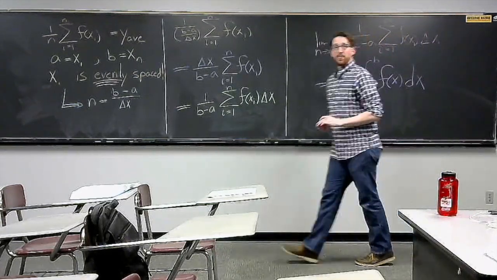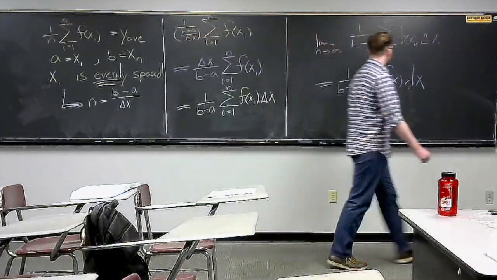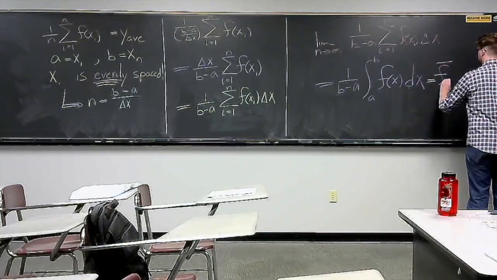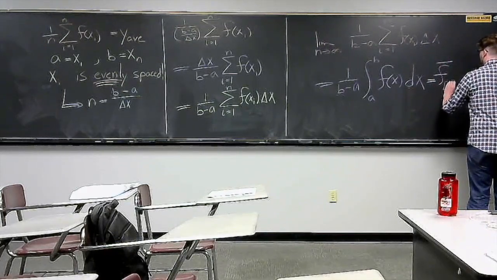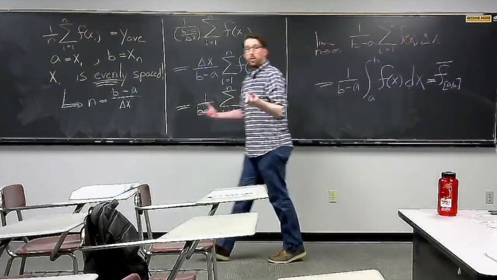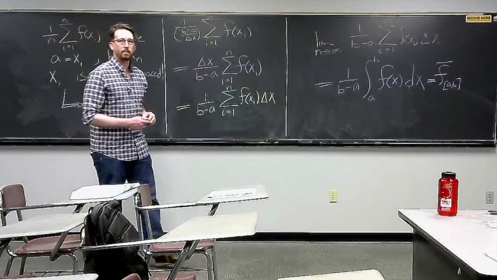In the end, that's the average of a function. This tells us the average value of your function over that domain of x. So over those x values from a to b.